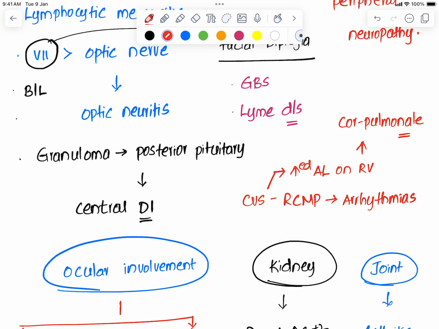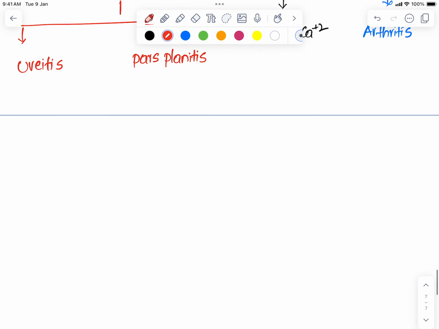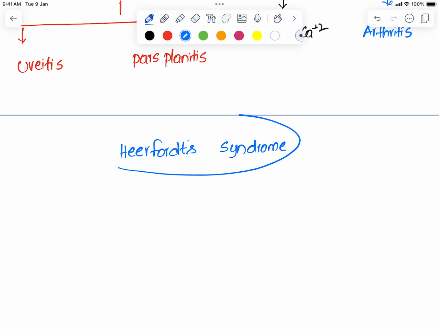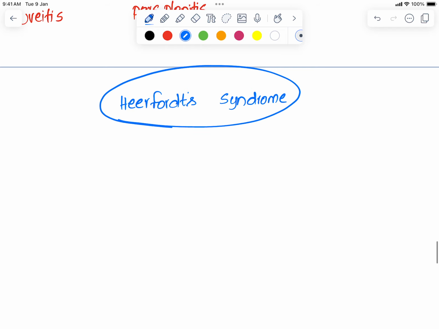All right. Now, you need to be aware of one important syndrome in patients with sarcoidosis, and that is called Heerfordt syndrome. What will be the manifestations of Heerfordt syndrome?